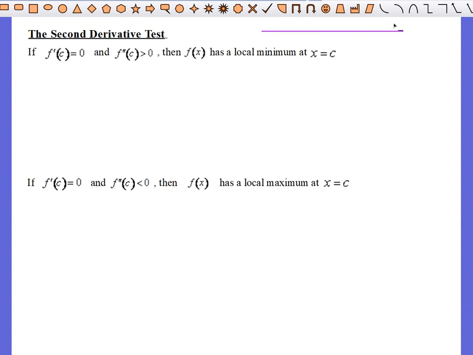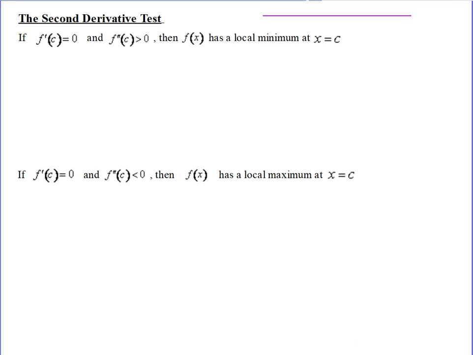You draw your number line for the first derivative, and have some critical numbers, let's say 0 here and 0 here, and you find that it's positive, negative, positive. When the first derivative changes from positive to negative right here, that'd be a relative max. And when the first derivative changes from negative to positive, decreasing and then increasing, that'd be a relative minimum. That's how you can determine your local minimums and local maximums. Okay, that's the first derivative test.